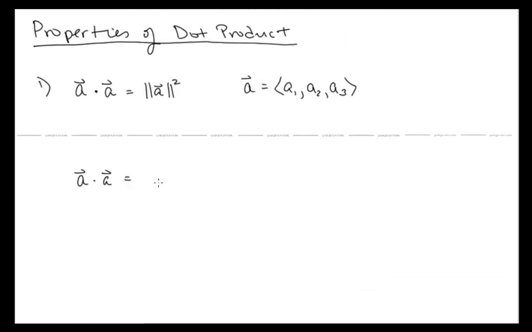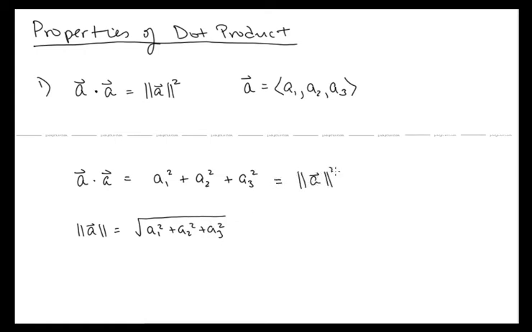By definition of dot product, it's going to be a1 times a1, or a1 squared, plus a2 times a2, plus a3 times a3. So we've got a1 squared plus a2 squared plus a3 squared. And we know that the length of a is given by the square root of a1 squared plus a2 squared plus a3 squared, so this in fact is the length of a quantity squared.